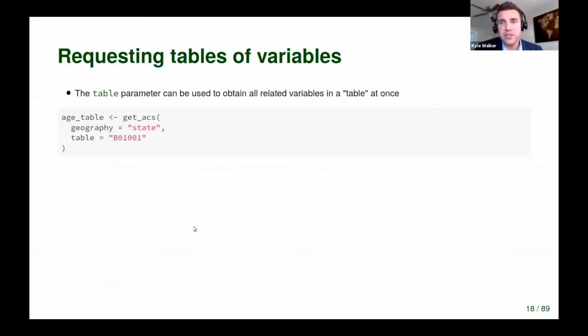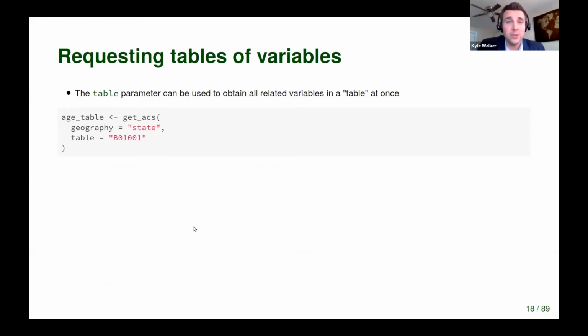Data in the American Community Survey and also in the decennial census are organized into tables, and tables represent groupings of common variables. For example, you might be interested in grabbing data on the age and sex structure of the population.